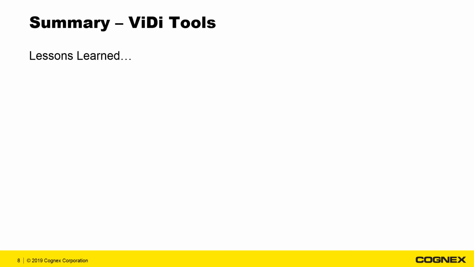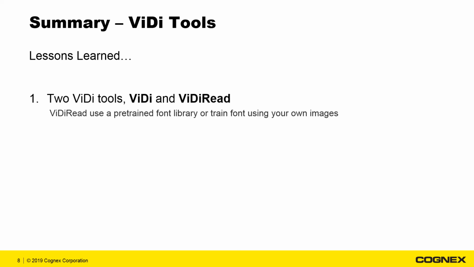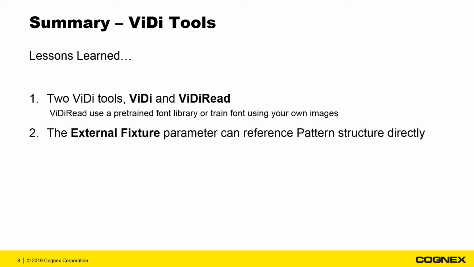In this lesson, we provided a brief overview of how ViDi tools integrate into the Insight spreadsheet environment. First, we learned there are 2 ViDi tools, ViDi and ViDi Read, and that the ViDi Read tool provides a pre-trained font library. But you can also train fonts using your own images. Second, we learned how to use the external fixture parameter to pass a fixture structure from the spreadsheet to a ViDi tool.